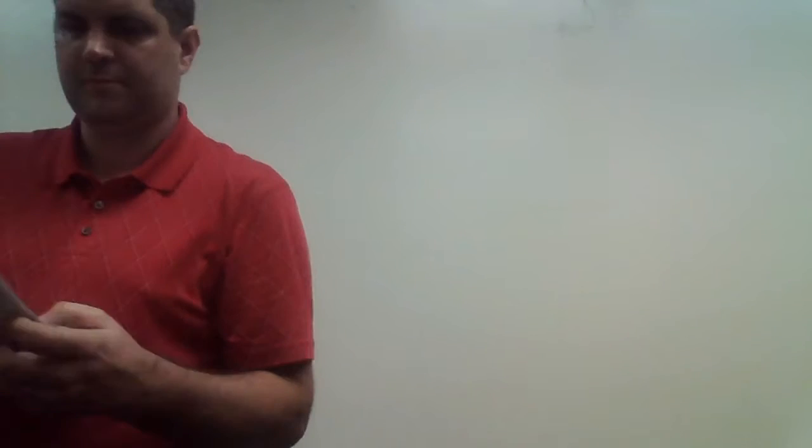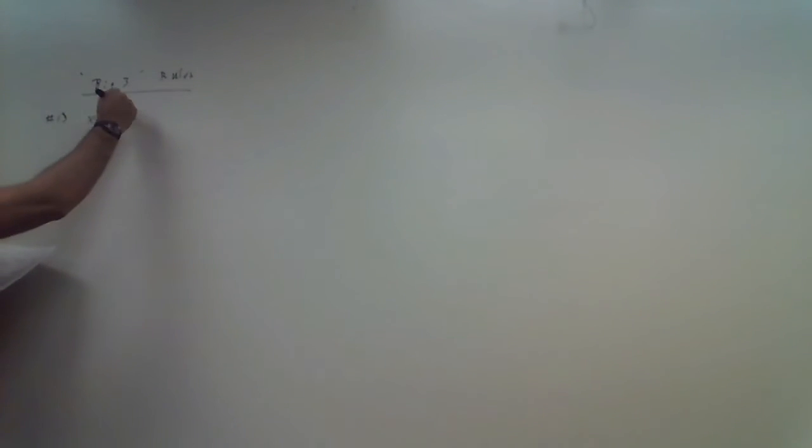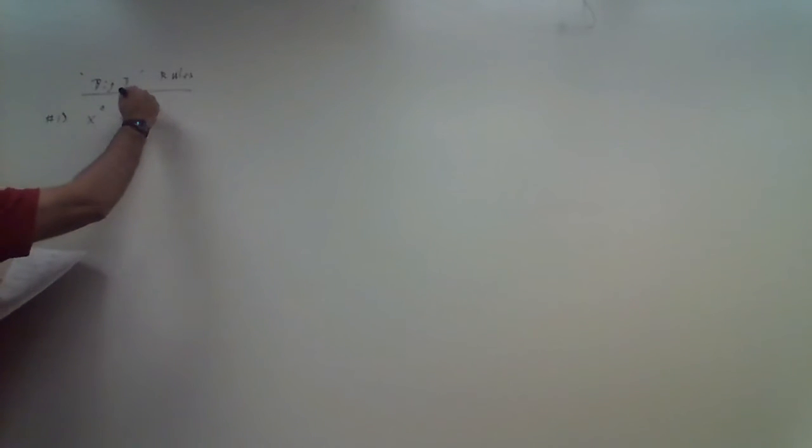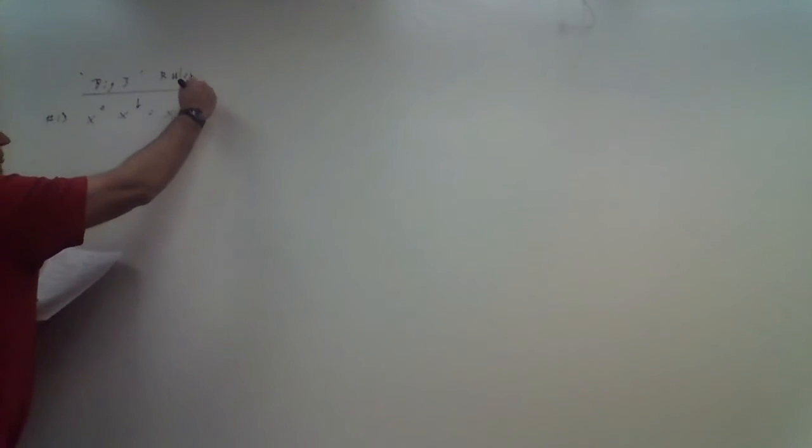Okay? There are three big exponent rules. Big three rules, as I call them. Number one: x to the a power times x to the b power is x to the a plus b power.